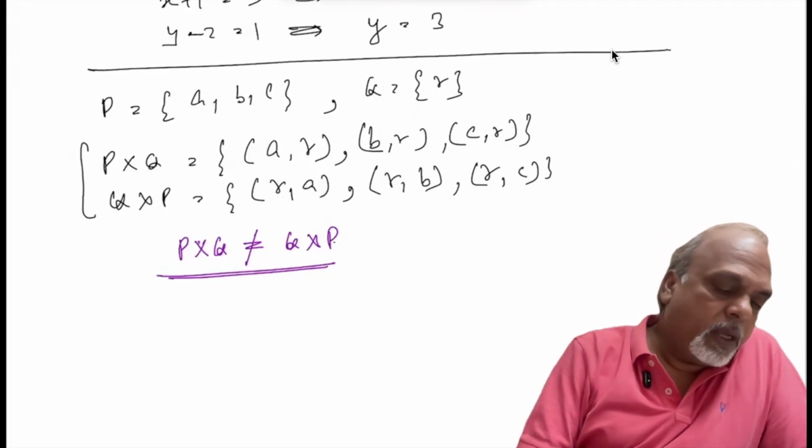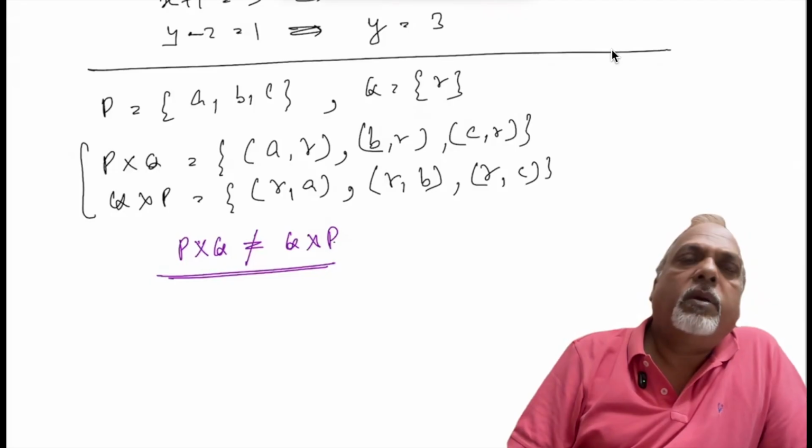Here, three numbers are there, so our number of elements will be the same.